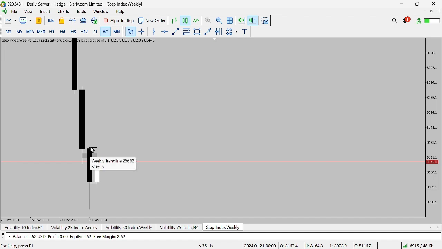And above that, what do we have? First of all, we have liquidity above previous week high. And second, we have a weekly fair value gap or imbalance. So after that happens, definitely they should seek the low. And possibly this week cannot do all of this scenario that I'm talking about, high to low.